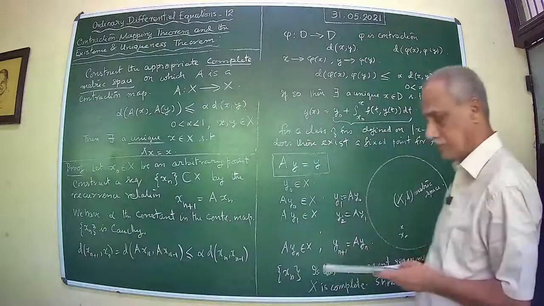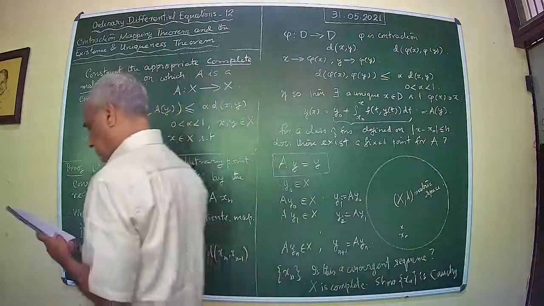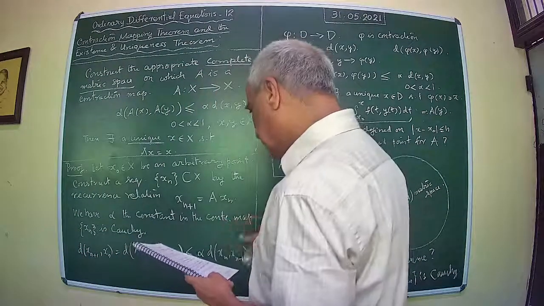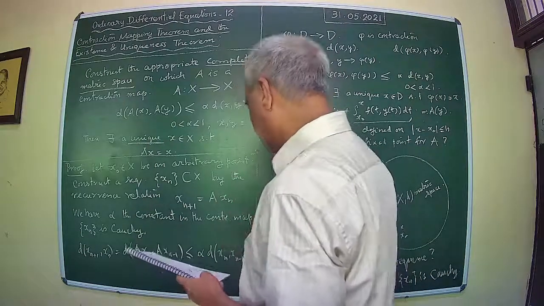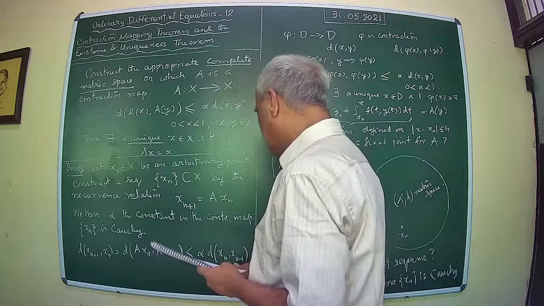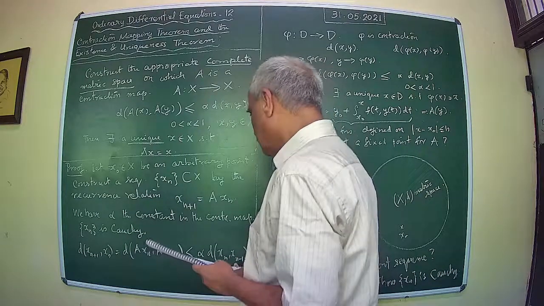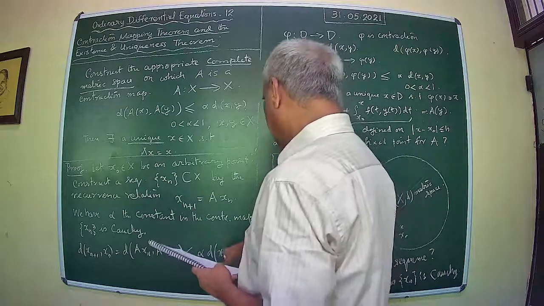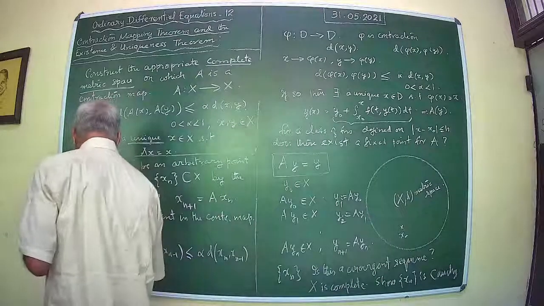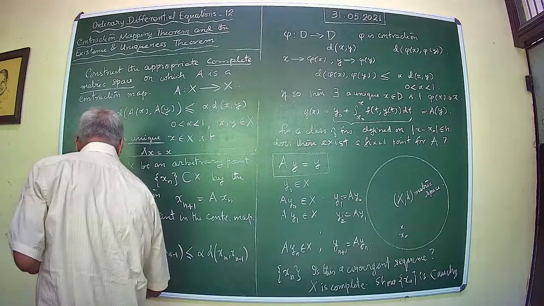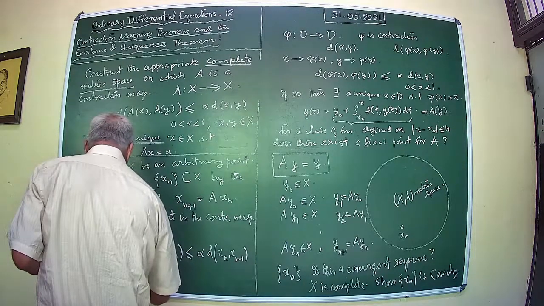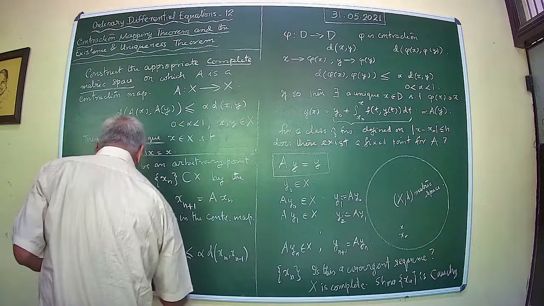That is straight away there. So you can repeat this. x n can be written as A x n minus 1, this as A x n minus 2, and then you get alpha square d(x n minus 1, x n minus 2). So this is less than or equal to alpha square, etc.